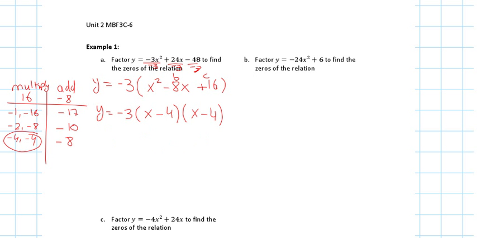What are your zeros? How can you find your zeros? So you're going to set each bracket equal to 0. Remember what we said? We're going to set each bracket equal to 0 to find my zeros. How about this one?